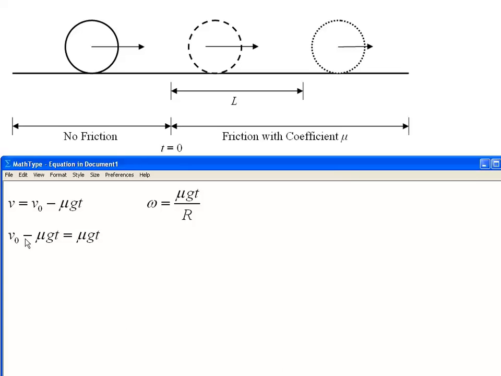And now let's take all the expressions that have t in it and move them together to the same side. We can now factor out a t. And inside the parentheses we're left with 2 mu g.